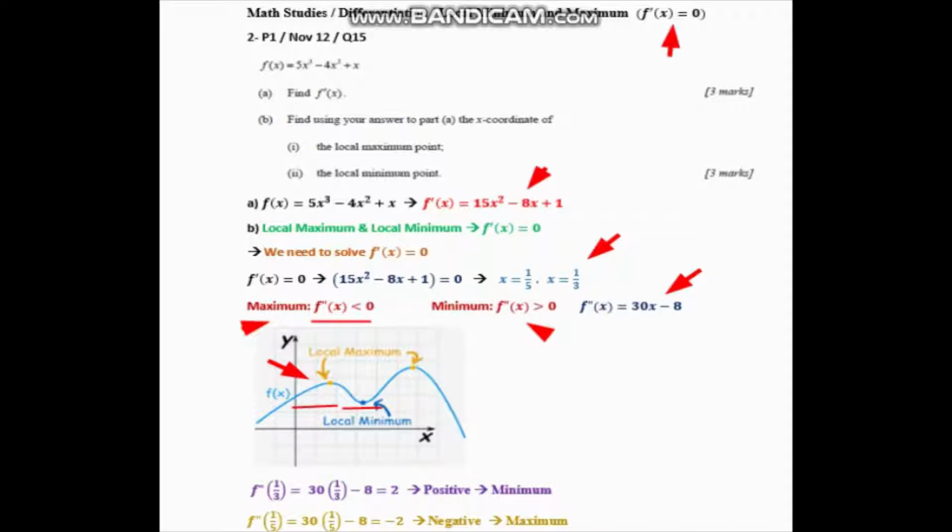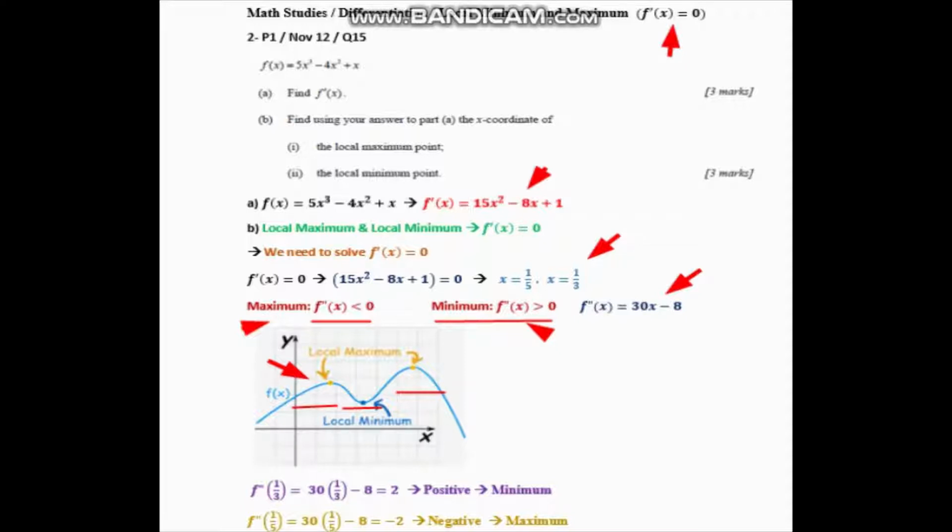Hence, the f double dash value of a minimum point shall always be positive because it's a smiling face. And again, there is another local maximum here, and you can tell again that this is also a part of a frowning face. So always remember that the local maximum has a negative f double dash value, whereas the local minimum has a positive f double dash value.